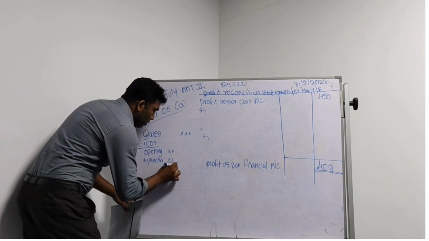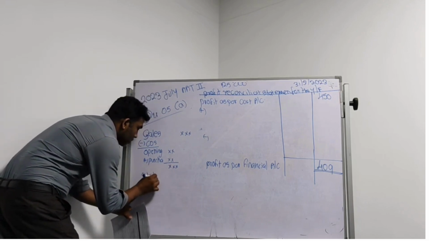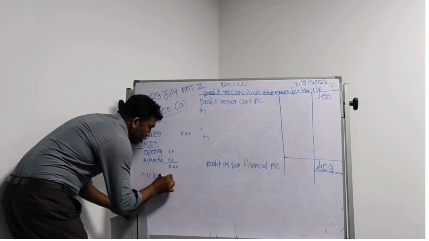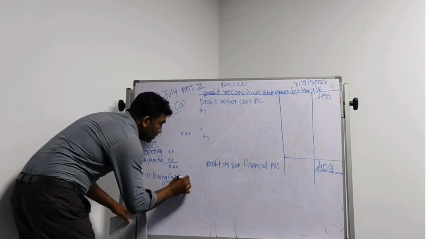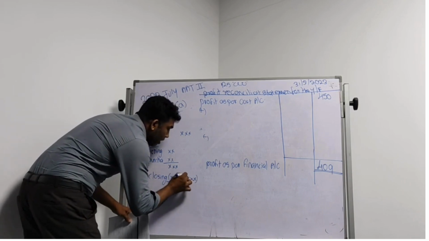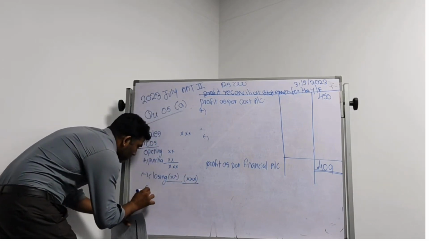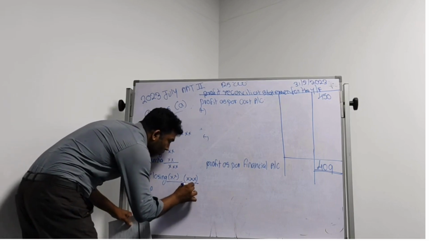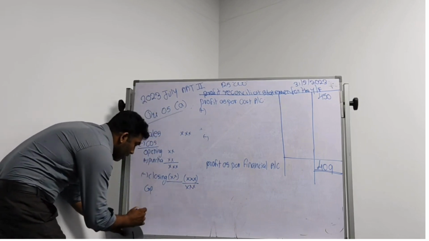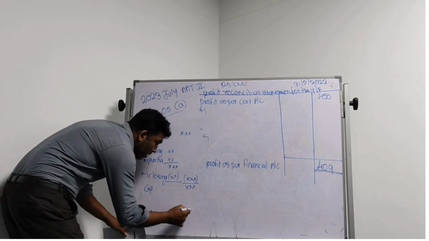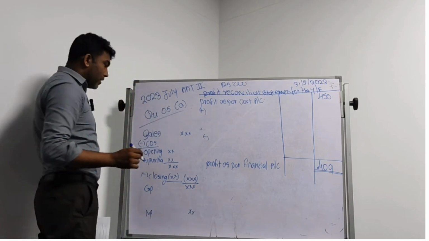Add these two, minus the closing stock. When you deduct the closing stock, you get the cost of sales. Then you get the gross profit, GP. This is our normal format for the profit calculation. Then finally you receive the NP, net profit, after deducting all the expenses.